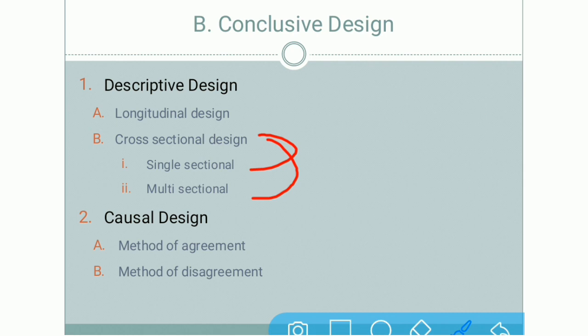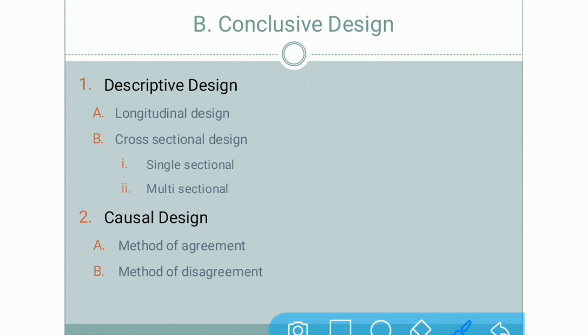If you are comparing the behavior of three years, that is first year students, second year students and third year students, with each other, then it becomes multi-sectional.